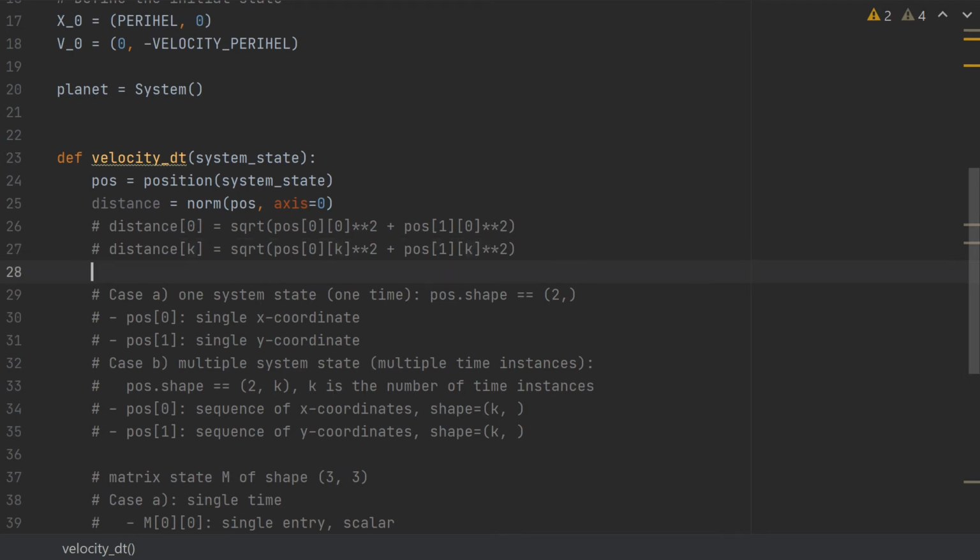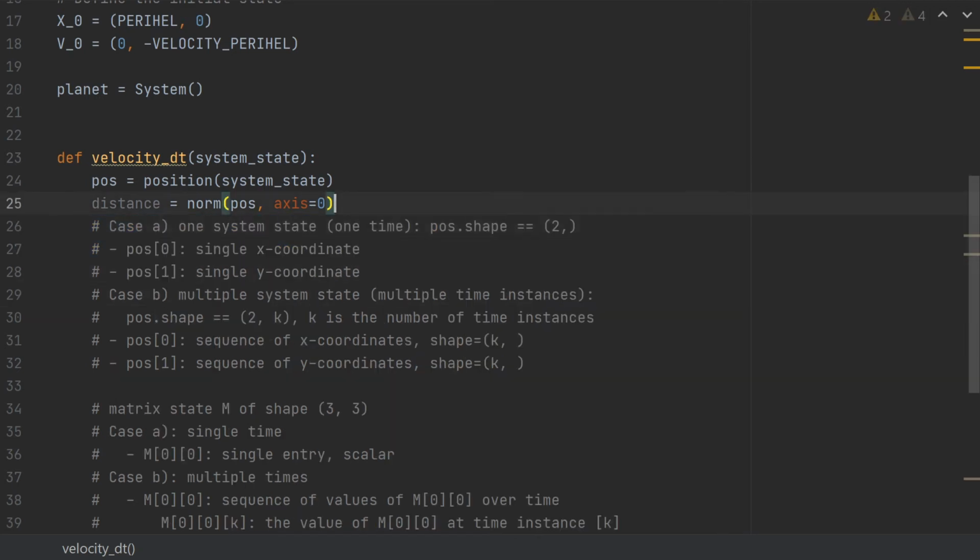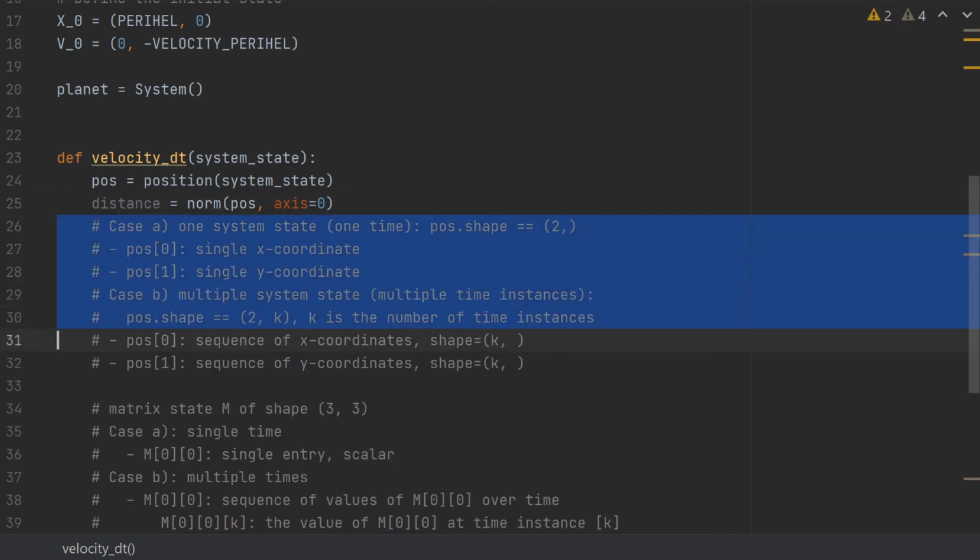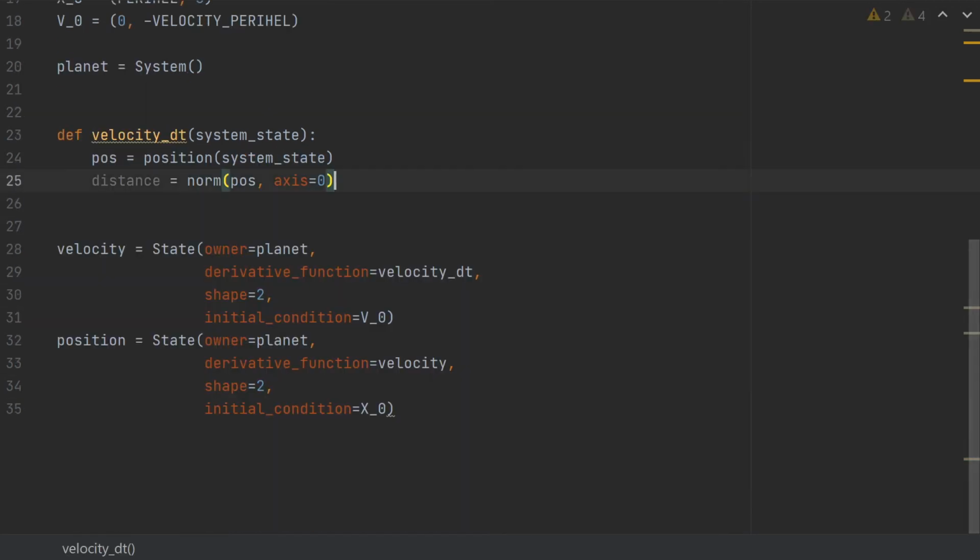If we wouldn't specify that, we would just get distance as the square root of position 0, 0 squared plus position 0, 1 squared plus position 1, 0 squared, and so on. And that would be a single scalar, and we don't want that. We want for each position the distance. And for that, we specify the axis here.